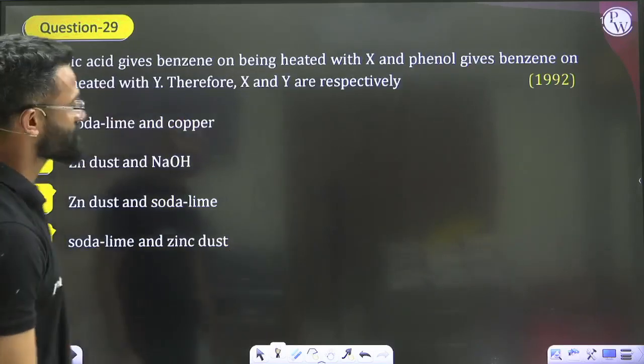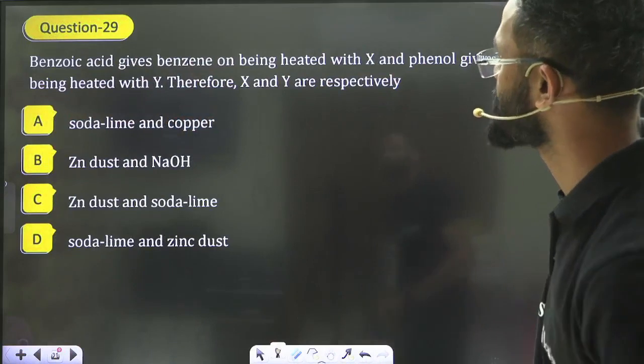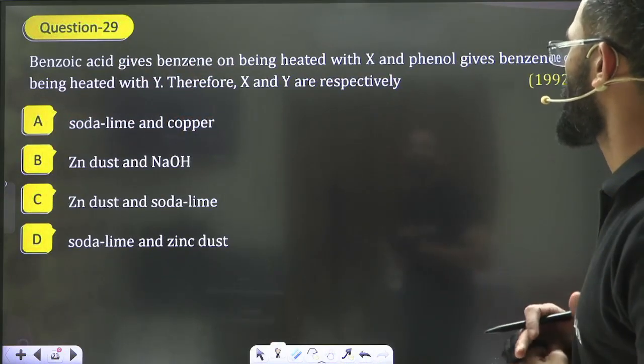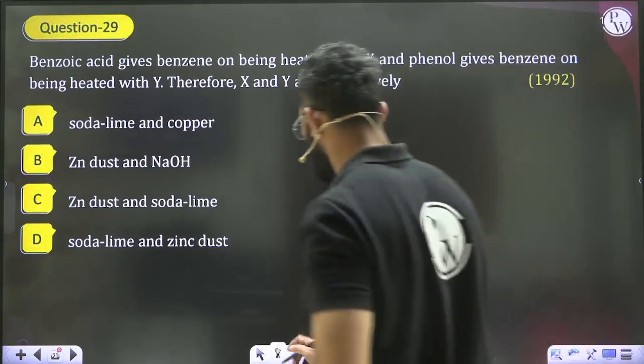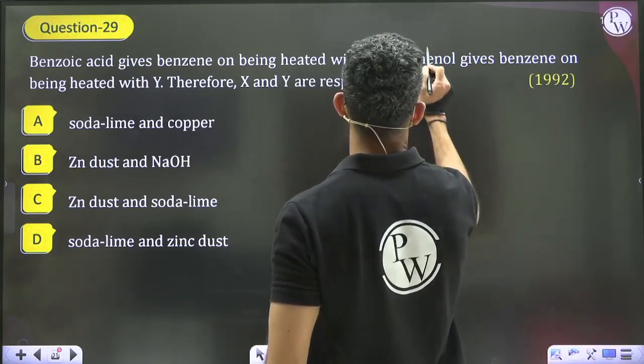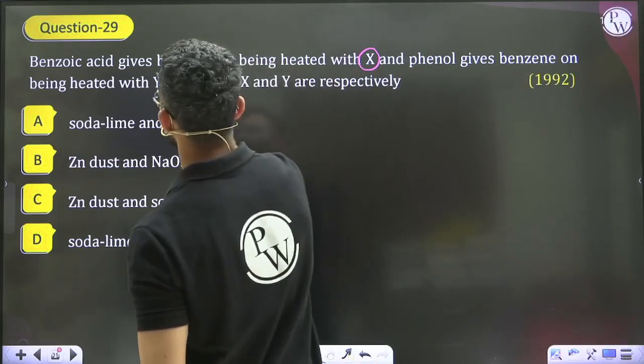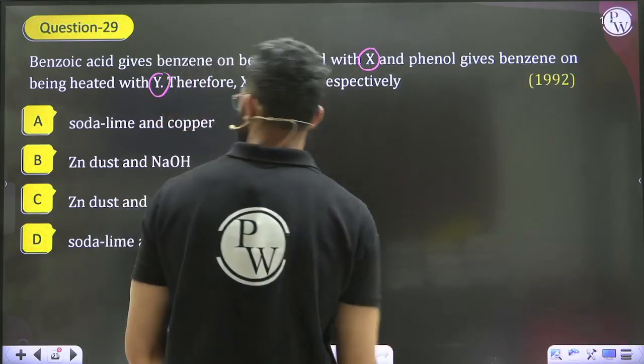So guys, next question, number 29 for you all. Benzoic acid gives benzene on heating with X, okay? And phenol gives benzene upon heating with Y. X and Y are respectively.